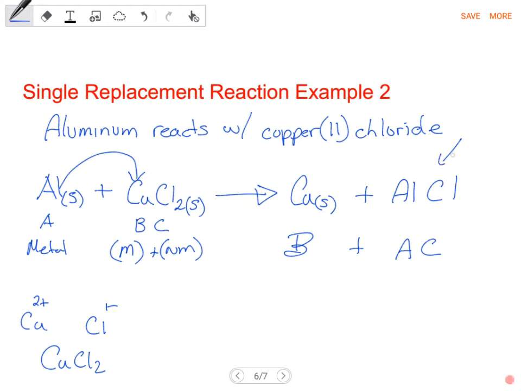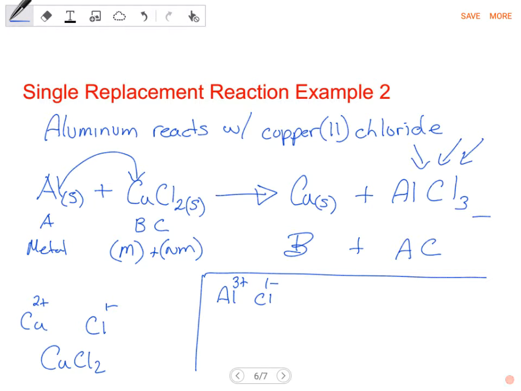We have two things to do here, everybody. Number one, the charges. Al is 3 plus, Cl is 1 minus. To me, that means we need 3 here. We're almost done. Then we need the state of matter. If you use your table, that should give you AQ.